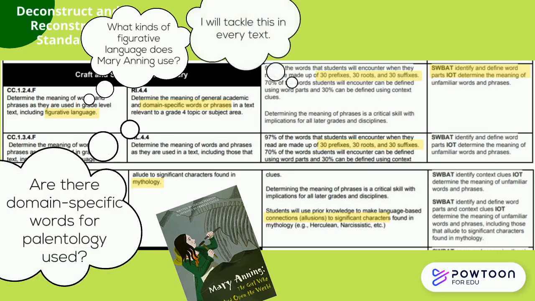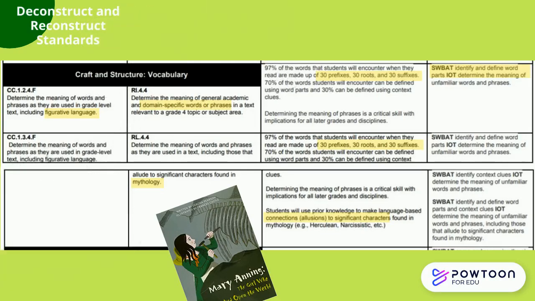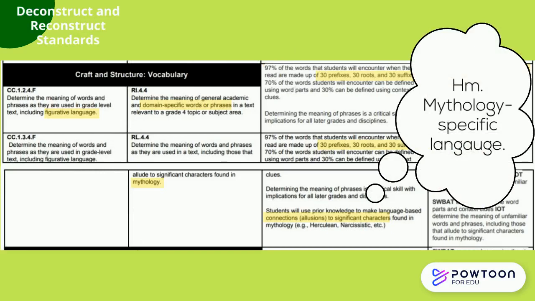It is clear I will need to work on some lessons about prefixes, suffixes, and orthography. Also, I see genre-specific requirements for mythology. While this isn't a myth itself, I know later in the year we will study a series of myths. That unit will require deep character analysis. So, I can use Mary Anning to lay the foundation for the work ahead.